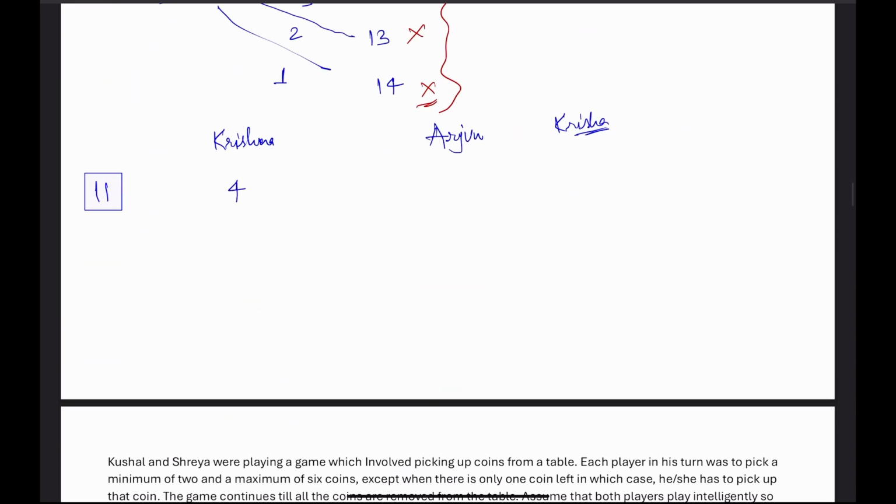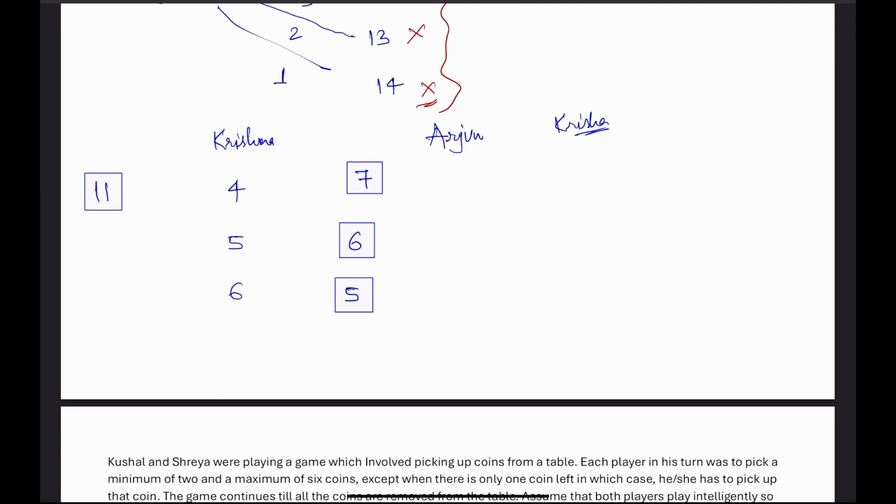So 4, 5, 6. If Krishna picks 4, how many are left on the table? If he picks 4, 7 is left. If he picks 5, 6 is left. If he picks 6, 5 is left.